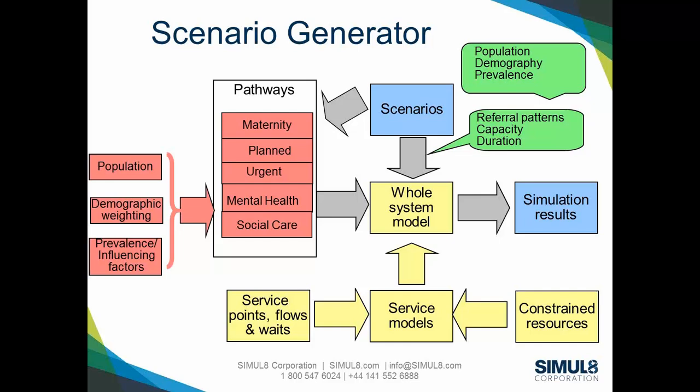You can cost those steps, you can give them a duration, you can associate capacity with them, and as the activity flows through the system, it generates results which show you how much activity is in each place at each time, how much it's all costing, and whether there are any constraints, any bottlenecks in the service.